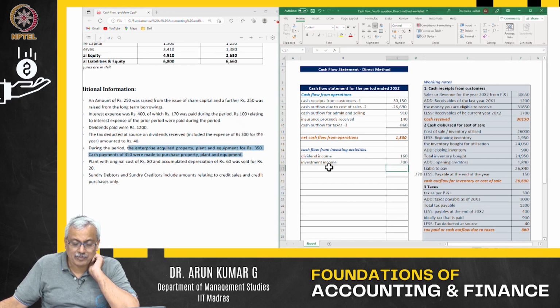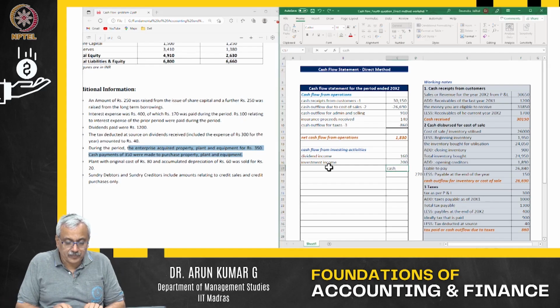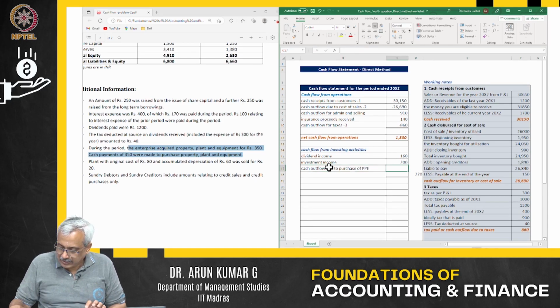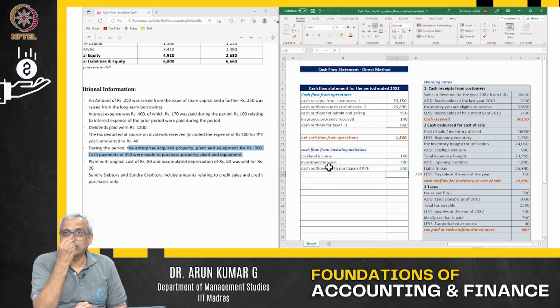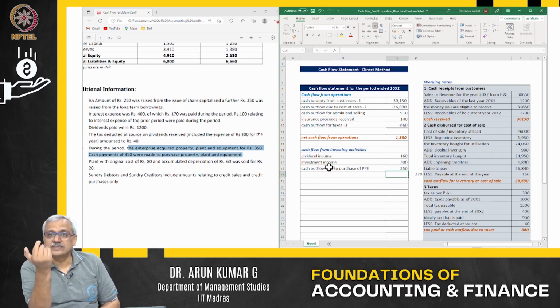That means there is a cash outflow due to purchase of PPE, about $350 has gone out.